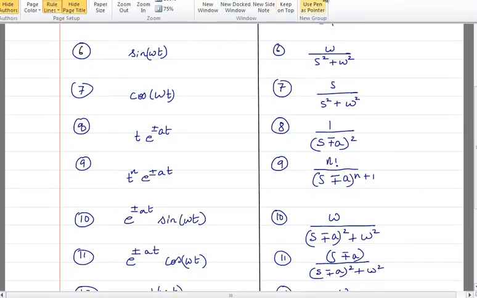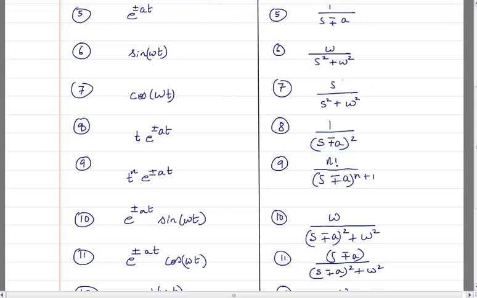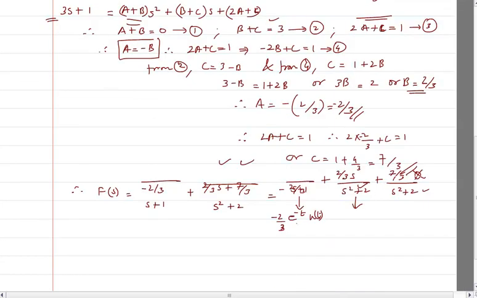One is numerator s and the denominator s square plus omega square. Here again I am going to have s square plus omega square in the denominator, but there is no s. So when there is no s, I use sine. When there is s, I will use cos. And omega square here will become omega only. So I will use that form.